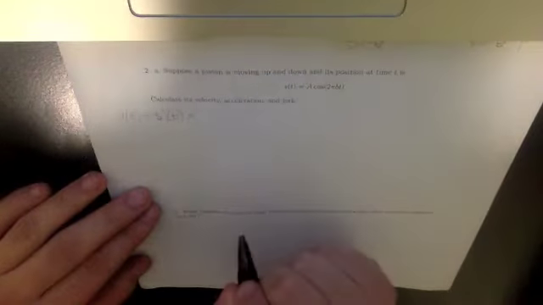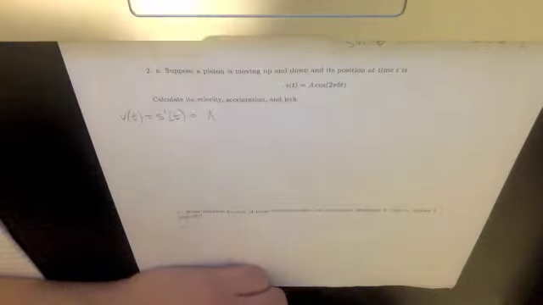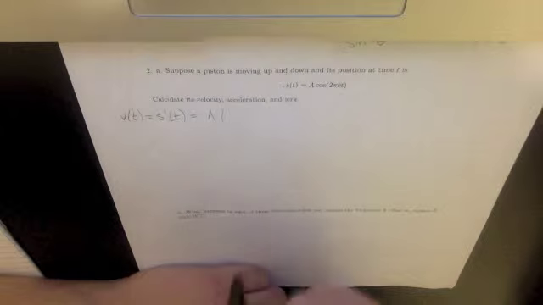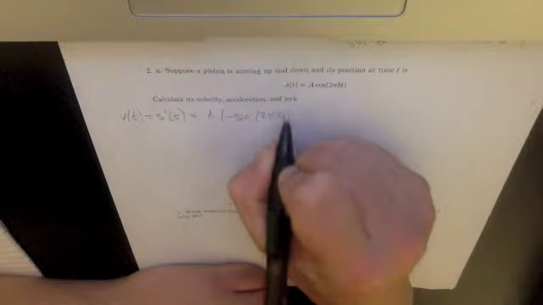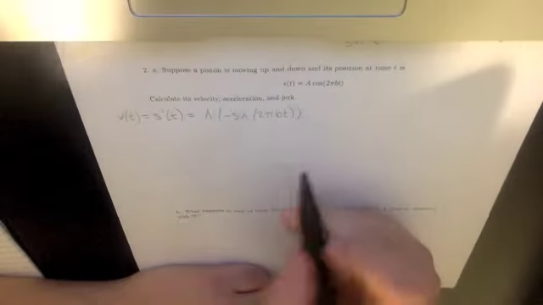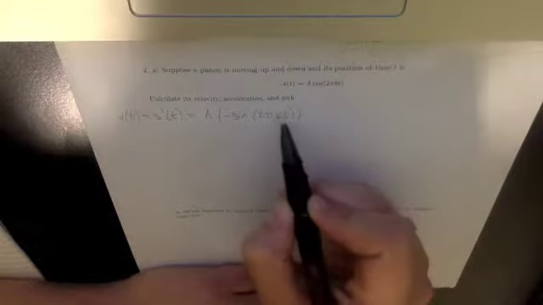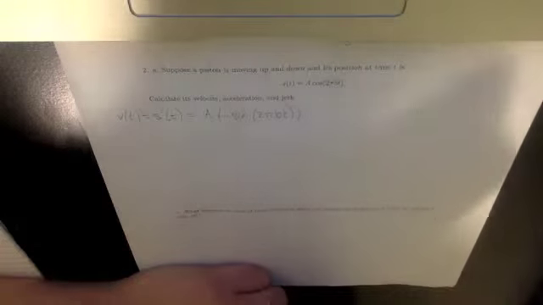Now if s of t is A cosine 2 pi bt, then we keep the constant out front, the derivative of cosine is negative sine 2 pi bt, and then we have to multiply by the derivative of the function that's within, which is 2 pi bt.